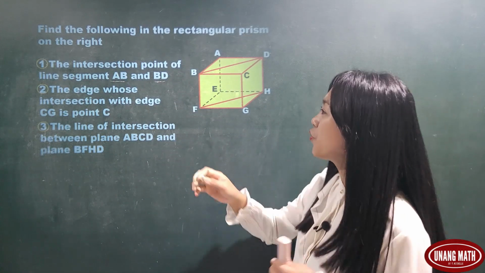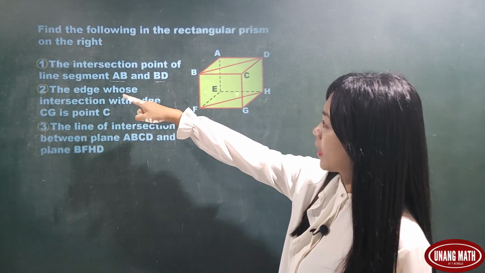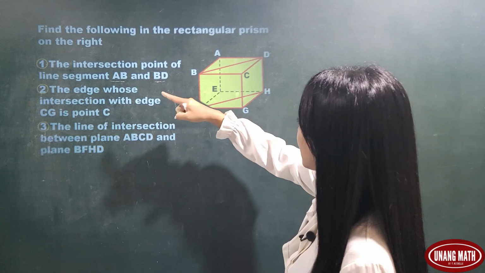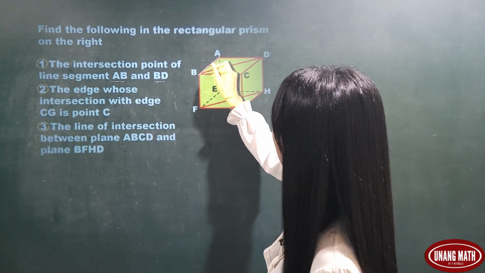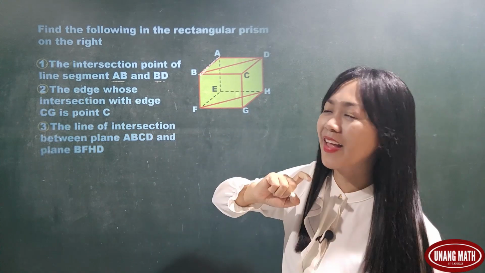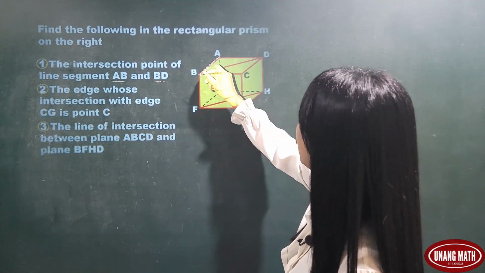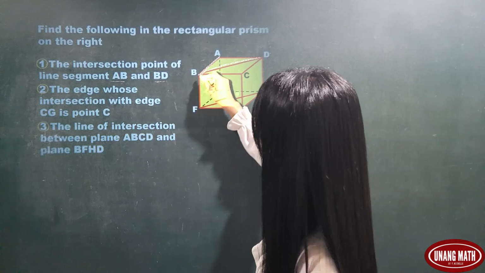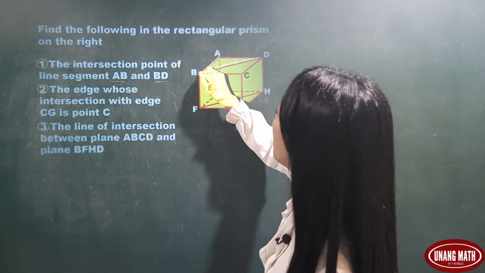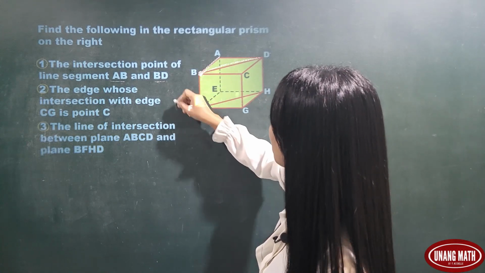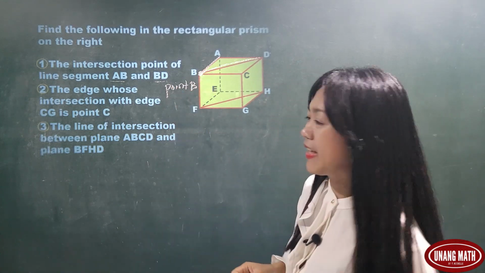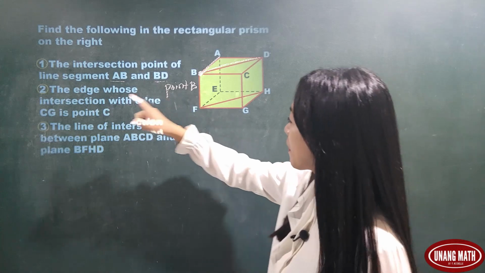First thing we need to do, we have to locate where line segment AB and BD are. Line segment AB is this line or this edge. What about BD? BD is this line or edge. So the intersection point is this point, and we call this point point B.